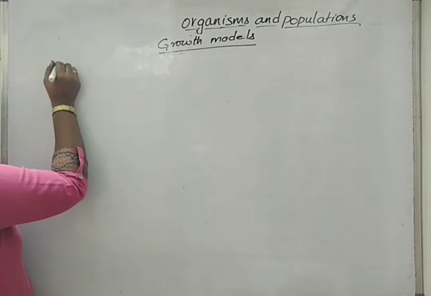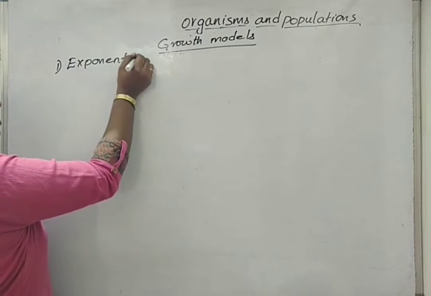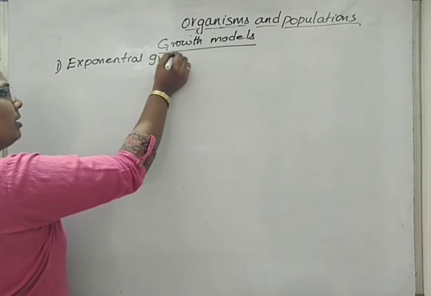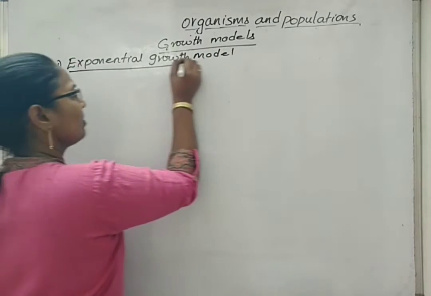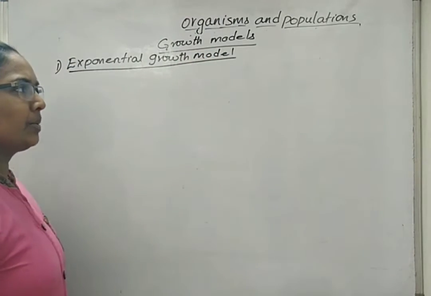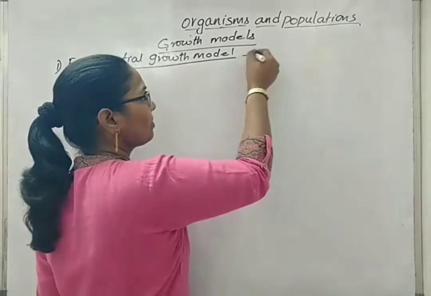First one, the exponential growth model. This model explains how a population has increased over time.